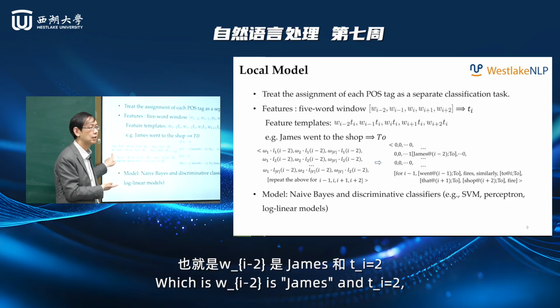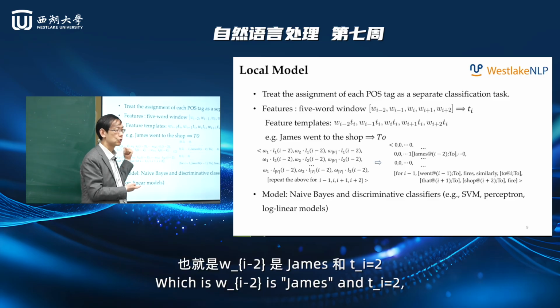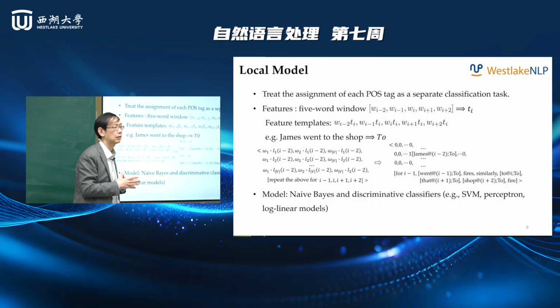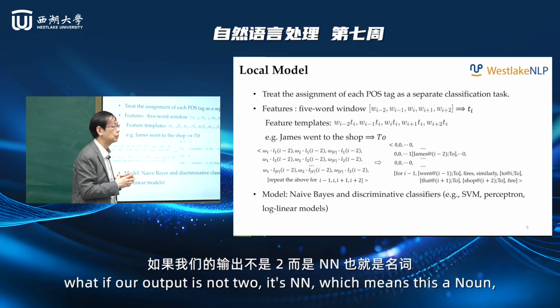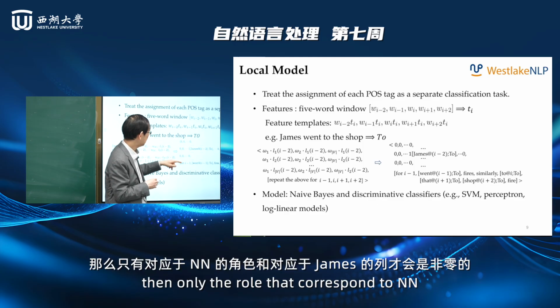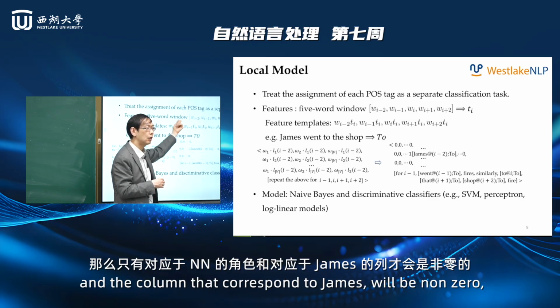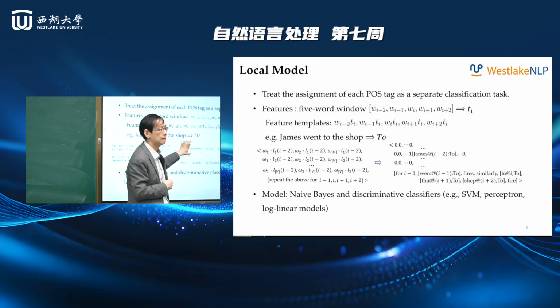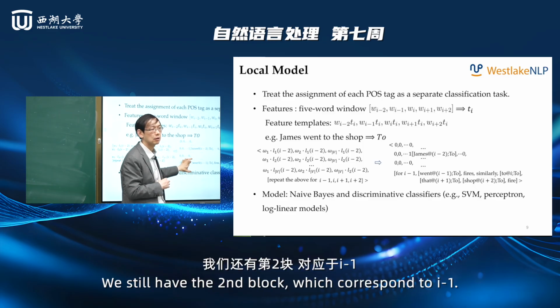Which is: W_{i-2} is James, and T_i is TO, when we have TO as the output. What if our output is not TO, it's NN, which means a noun? Then only the row that corresponds to NN and the column that corresponds to James will be non-zero, will be 1. The others will be all zeros. But this is the first block. We still have the second block, which corresponds to W_{i-1}.